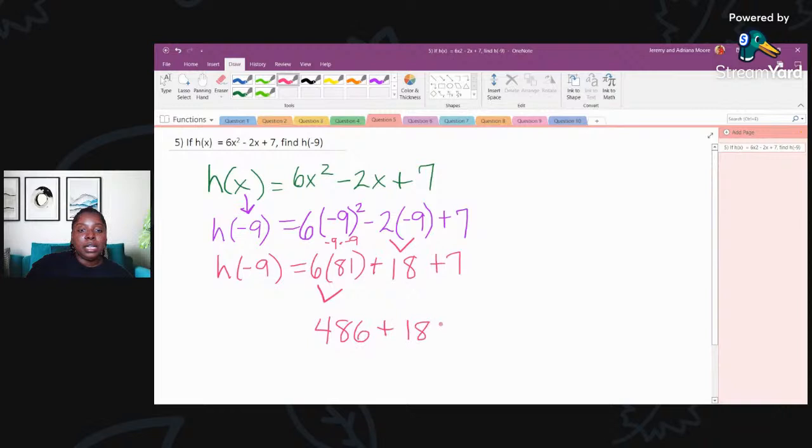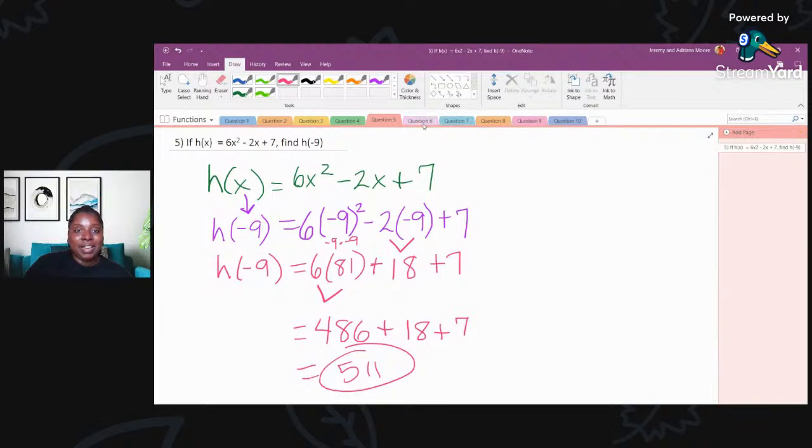Plus 18 plus 7. And I'm cheating. I'm going to use the calculator. There we go. 511. So h of negative 9 is 511. See, teachers cheat too.